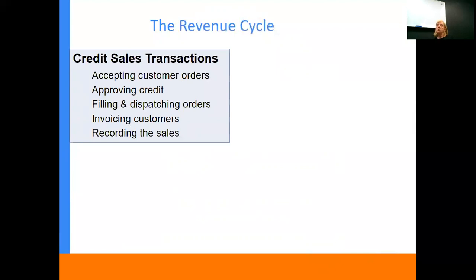So you've got to accept the order, approve the credit, and in internet, when you buy something over the internet, what do they do before they send it out to you? Yeah, so if you buy something over the internet, what happens before they send you the goods? They get the payment, that's right. So it's not just that, they make sure that you pay up front.